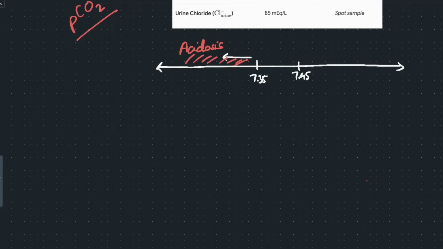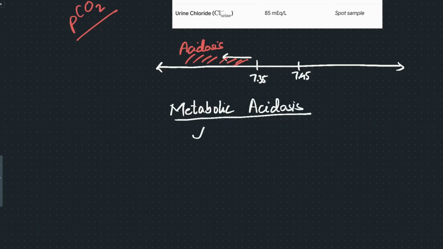But before that, let's understand what acidosis is and what actually causes metabolic acidosis specifically. In the last lecture we saw that metabolic acidosis is a non-respiratory acidosis.